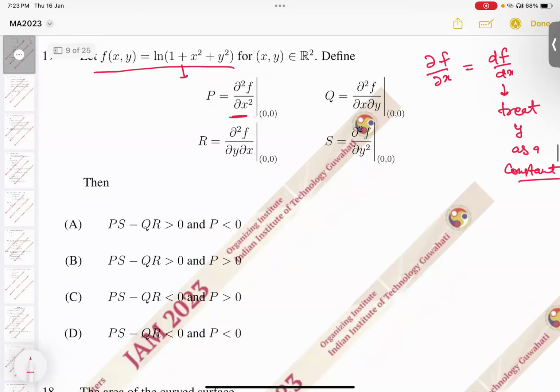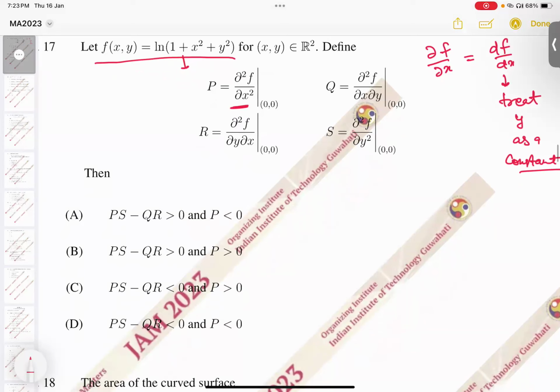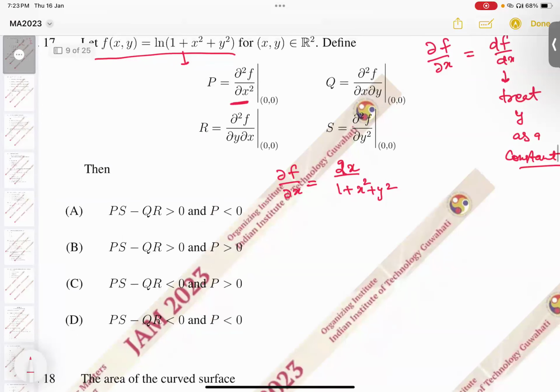So first calculate this. Del f upon del x will be 1 upon 1 plus x square plus y square, and by chain rule, this will be 2x, right? You know chain rule, right? Yes, sir, option B is true here. Okay, let's see. So this is 2x. Now calculate del square f upon del x square.